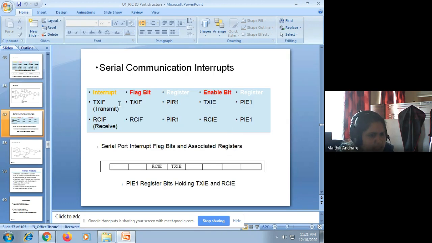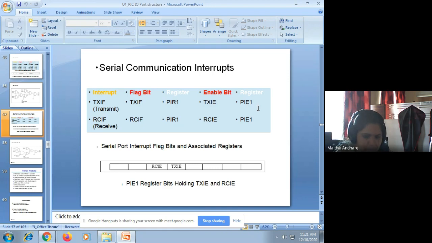Okay. Then see, these are the serial communication interrupts. For serial communication, TX and RC, instead of RX, RC is available. Only 2 bits are available. So their flag bits, their enable bits are available in these registers. That's it. Means what I told in the earlier slide is, each interrupt has 3 bits associated with it.